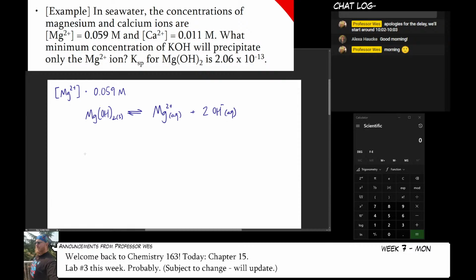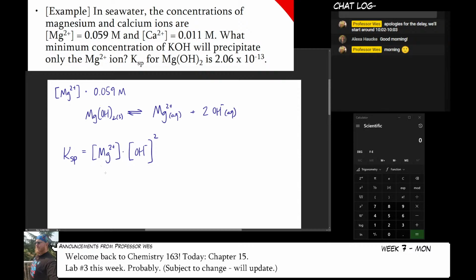Now, if I were to write Ksp for this expression, that would be equal to the amount of magnesium I have times how much hydroxide I have, squared.